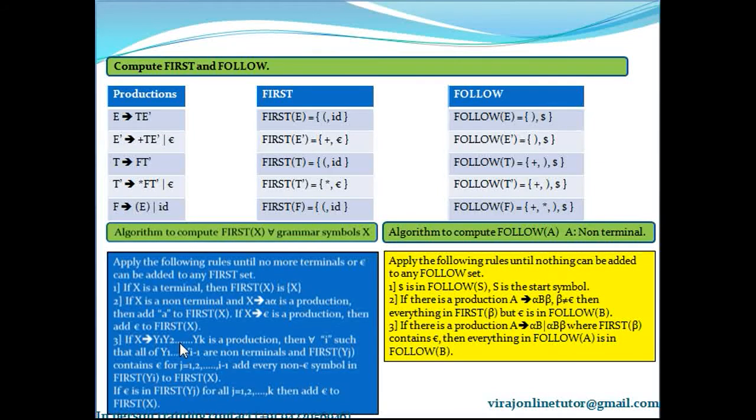Place all the non-epsilon characters in Y4 into first of the left hand side. So you go on doing this, and if first of all Y's on the right hand side contains epsilon, only then you add epsilon to first of the left hand side. I repeat, only if first of all Y's on the right hand side contains epsilon, then only you place epsilon in the first of the left hand side.